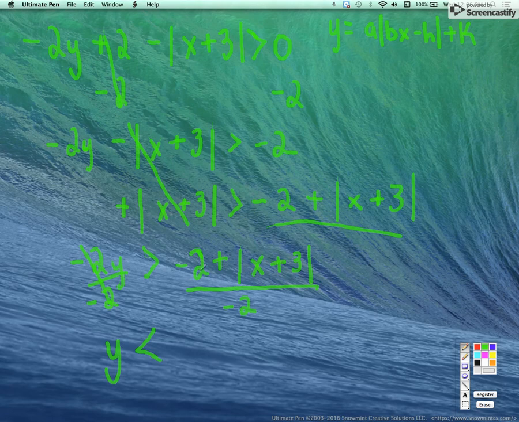Negative 2 divided by negative 2 is going to be a positive 1, so it's going to be 1 plus, now we can divide the absolute value of x plus 3 by negative 2 by literally just writing the absolute value of x plus 3 over negative 2.